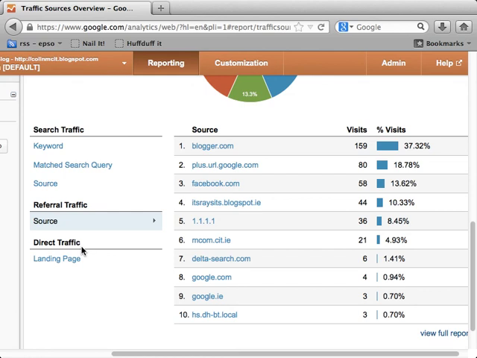Facebook surprises me too, because I don't use Facebook for work stuff. So this suggests to me that on Facebook, people are linking to the blog, or sending each other to the blog. So as a lecturer, that would suggest to me that there's a lot of business going on in Facebook about the course.